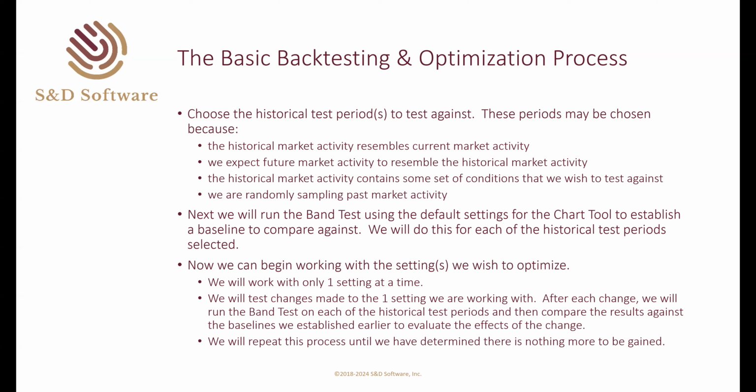And then another method that is sometimes used is to just randomly sample periods of time. Basically it's just historical market activity that we're randomly sampling, picking out periods of time in the past to get a more general idea of how our system will behave over time.